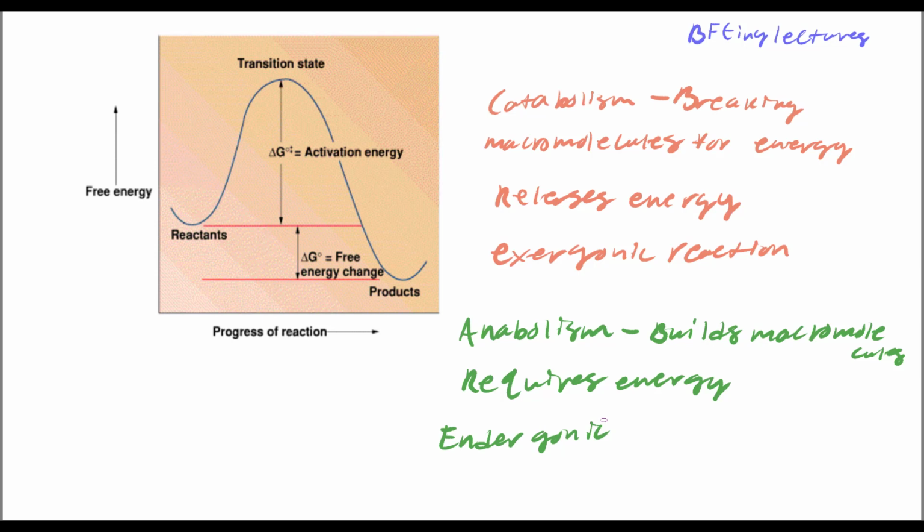Why? Well, catabolism, in order for you to break down macromolecules, you're going to have to go into, let's say, proteins, and break down the little baby bonds in the proteins. Whenever you break a bond, you can think of it as lighting a match, right? So you break a bond, and you have a little spark of energy, right? So if you light a match, a little spark of energy, you have some heat.